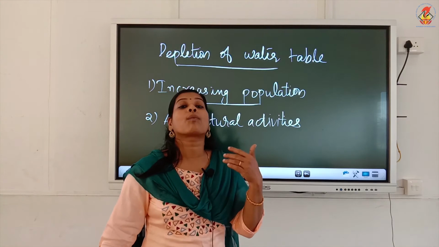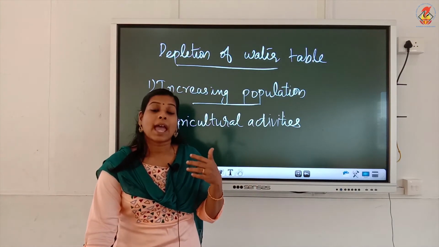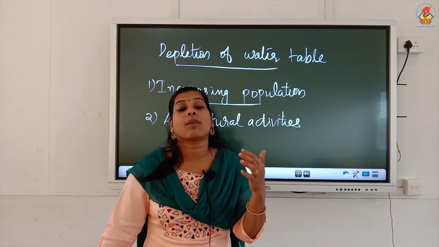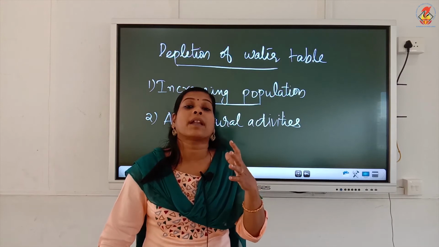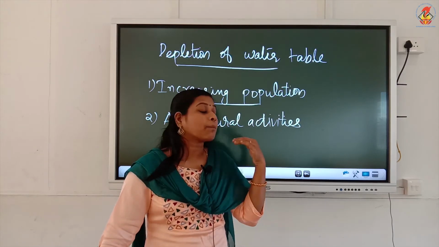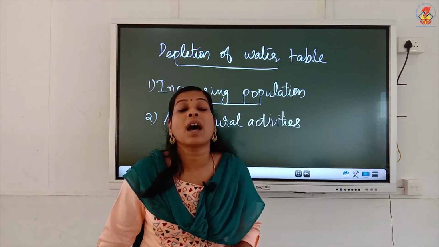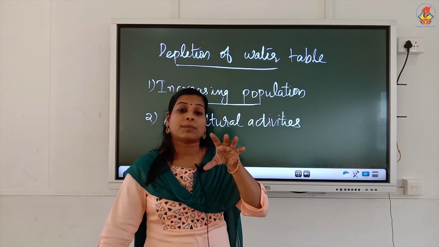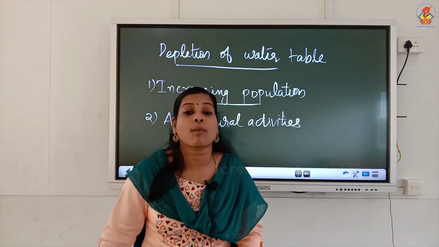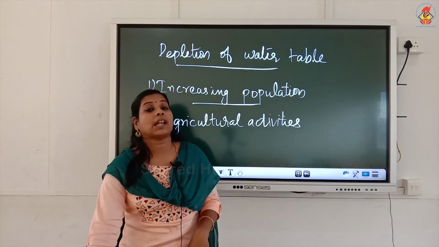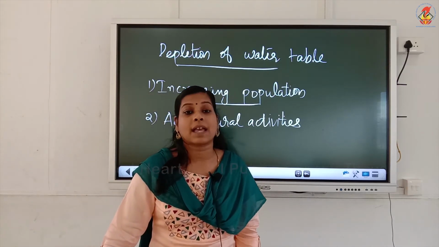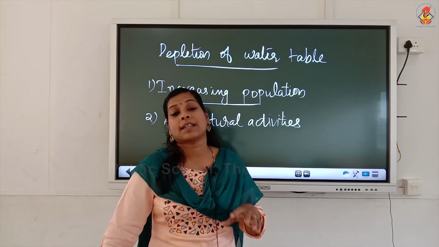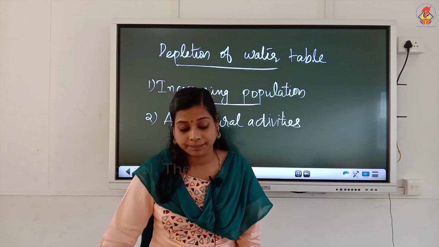For that, we have to use more water. In most places where there is scanty rainfall and no proper irrigation, we have to go with groundwater for irrigation. So, in major cases we depend on groundwater for the increased need of agricultural activities. So, agricultural activities also help in the depletion of water table.